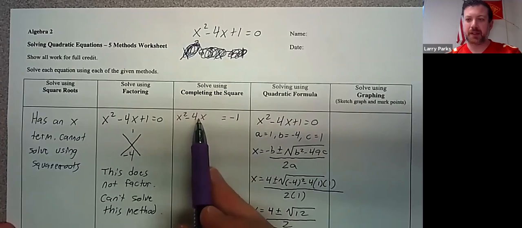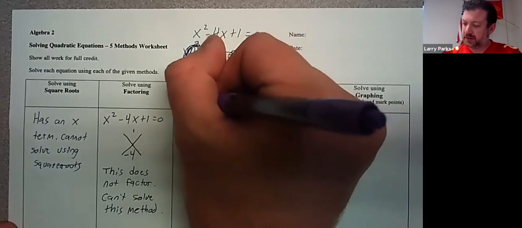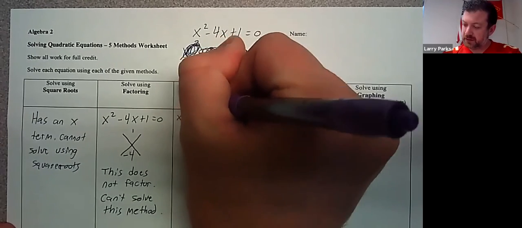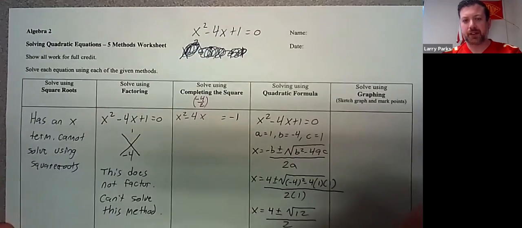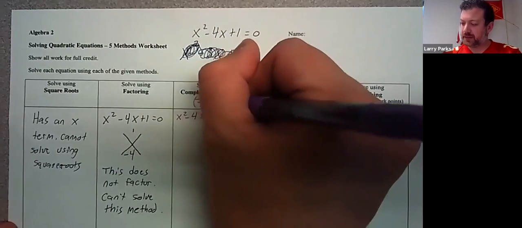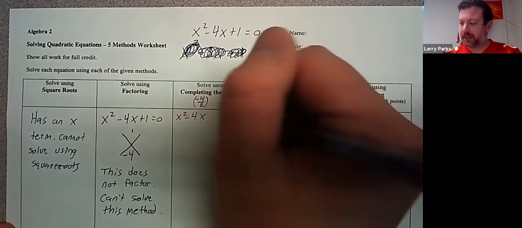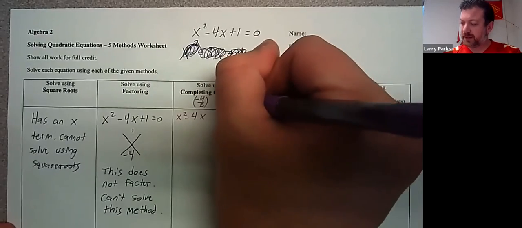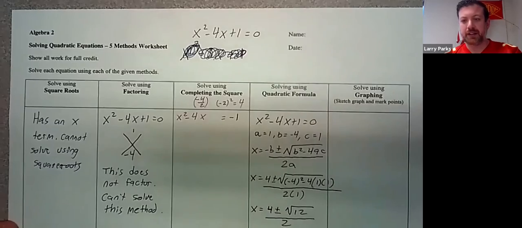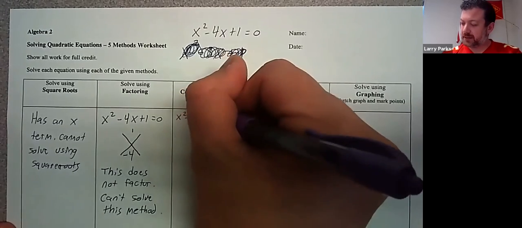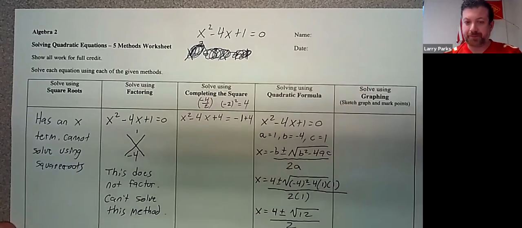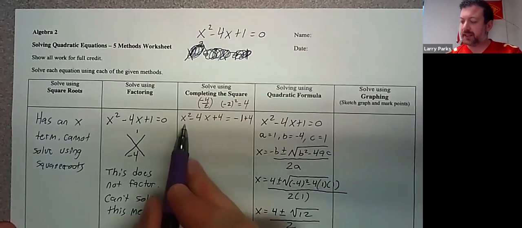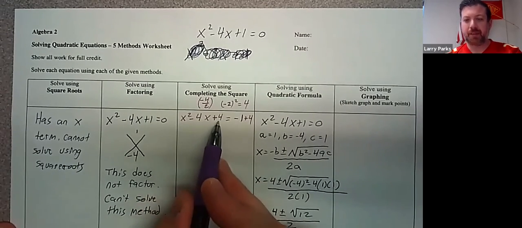You take this number, you divide it by 2. So -4 divided by 2 is -2. And then you square it, so you get 4. So you're going to add 4 to both sides. Now this factors into a perfect square trinomial.